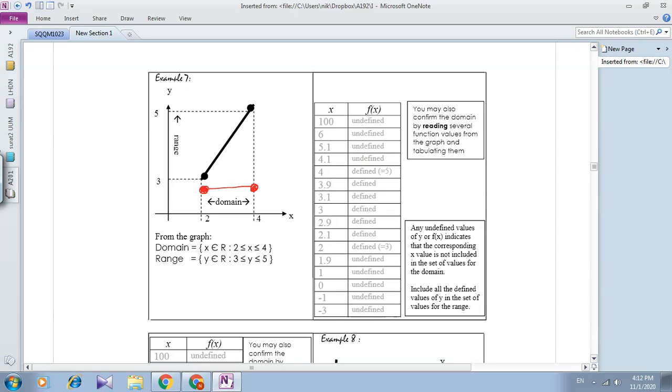So black dot means include. While for the range, it will be from 3 until 5. So you will write this as from 3 until 5.